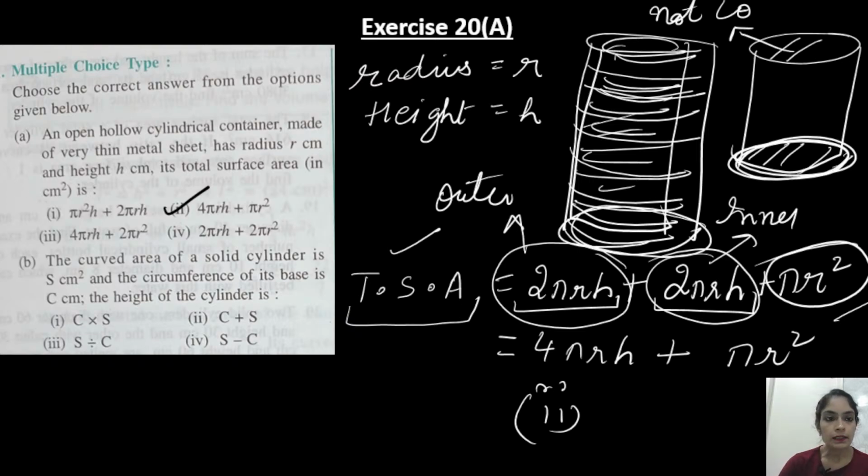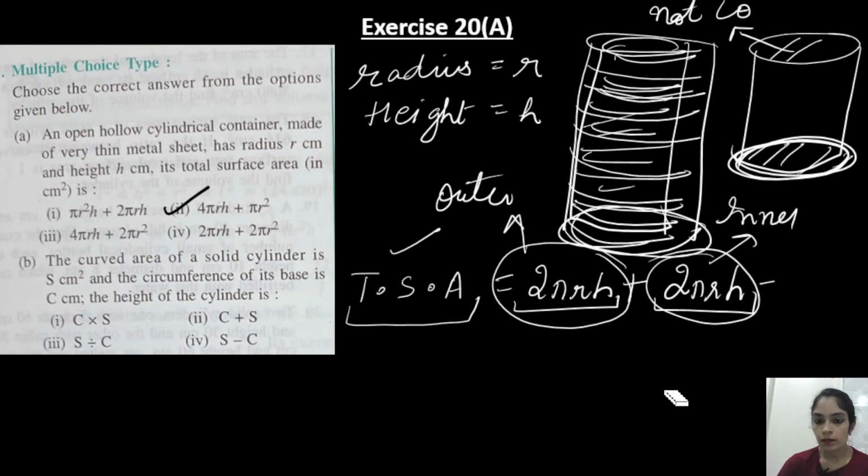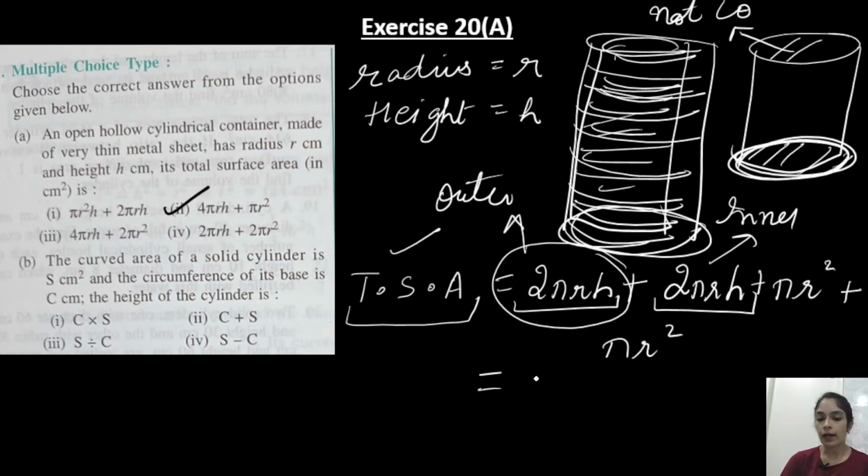And circles also: if you look inside the bottle, one circle you can see, that is pi r square, and if you see from outside, one circle will be there. So we have to add 2 pi r square. So this will be 4 pi rh plus 2 pi r square.